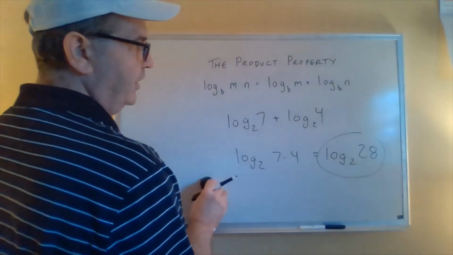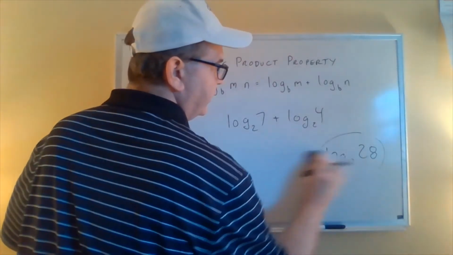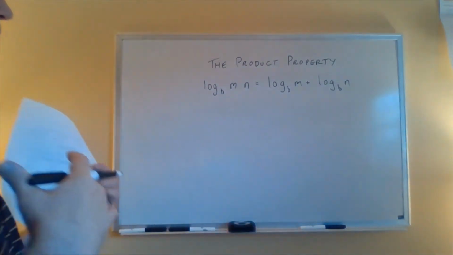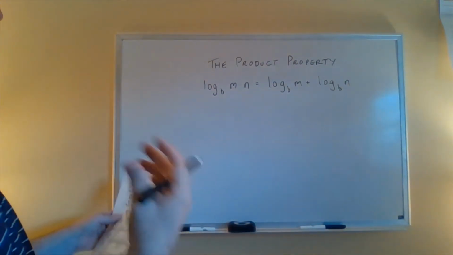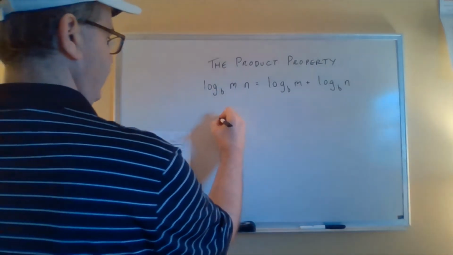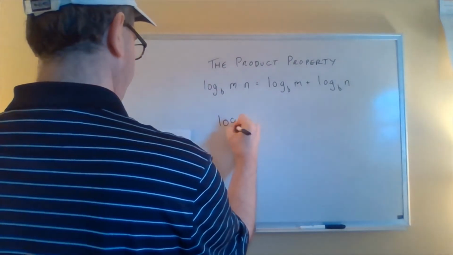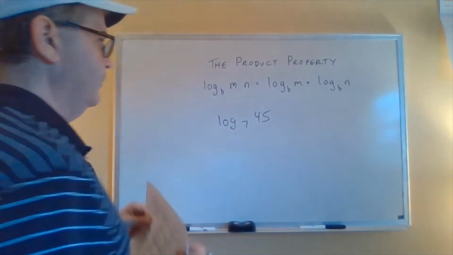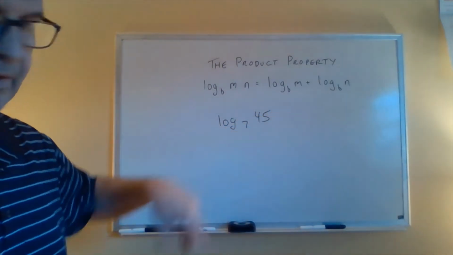Now, what you're going to run into in your homework with this is you're going to be given an approximate value of a couple logs, and it's going to ask you to come up with an approximate value. Let me give you an example. We'll have the log of 45 base 7.